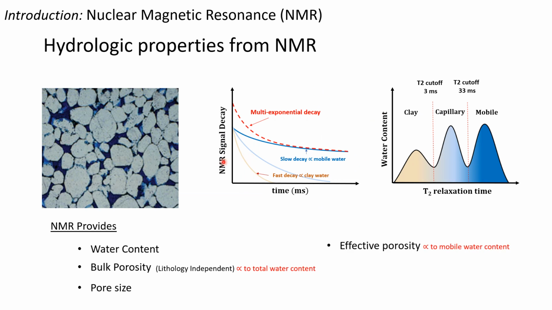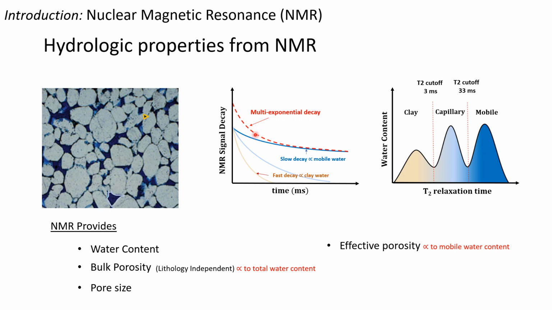So in geologic materials, we have a combination of large and small pores. There is no natural material that has the same size of pores. That's why that NMR signal decay will be a combination of the signal detected from the different pore sizes. So the shape of that NMR signal decay will be multi-exponential.